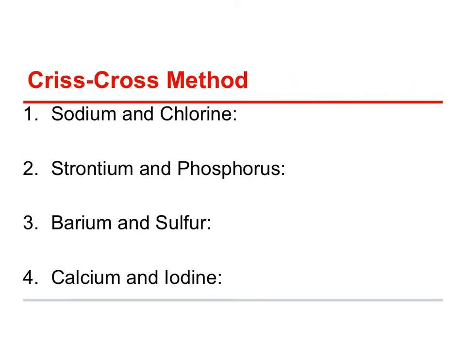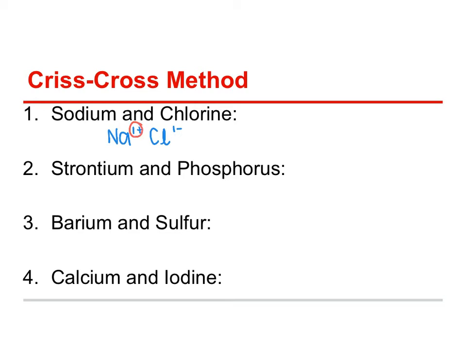Again, first step is to get the ion. So I'm going to look on the periodic table. Sodium is Na. It has 1 valence electron, and when it loses that 1, it's going to become 1+. And chlorine, Cl, has 7 valence electrons, so when it gains 1, it'll be 1-.